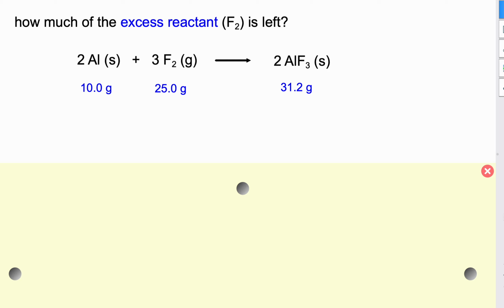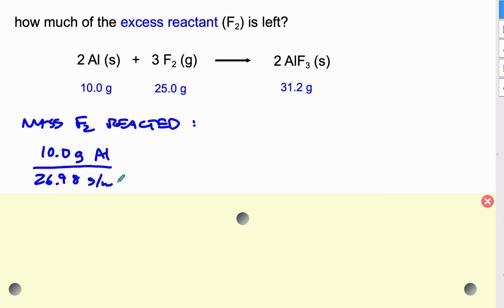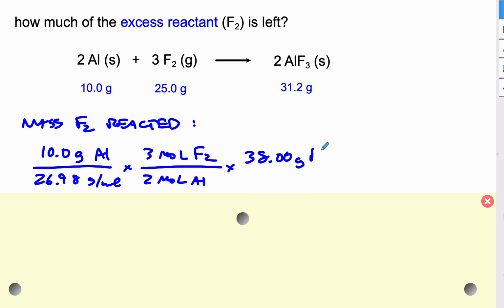So, the mass of fluorine reacted, I'll simply do a stoichiometric calculation, starting again with the mass of aluminum, the limiting reactant. I'll convert that to moles by dividing by its molar mass. Now I'll multiply by the mole ratio, 3 moles of fluorine, the excess reactant, for every 2 moles of aluminum, and convert that to mass by multiplying by the molar mass of fluorine.